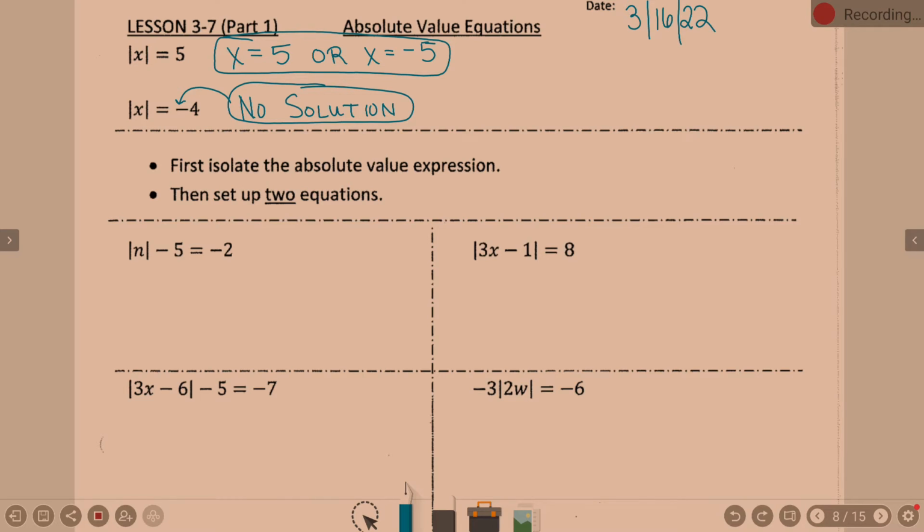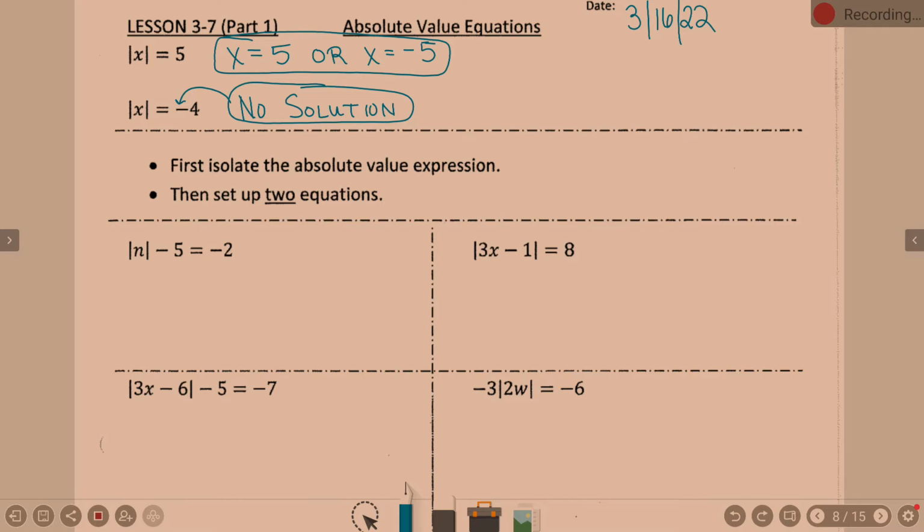We're going to go through and solve some equations here, and I'll explain as we go. But if it's absolute value equal to a positive, you're going to set up two equations. If it's absolute value equals a negative, you get to stop there and say, oh, there's no solution, because absolute value cannot equal a negative. A distance cannot equal a negative.